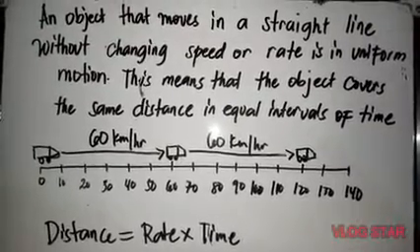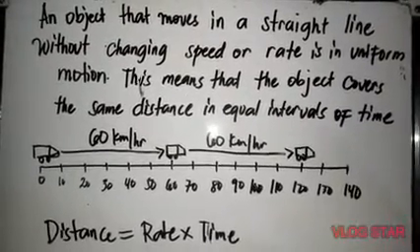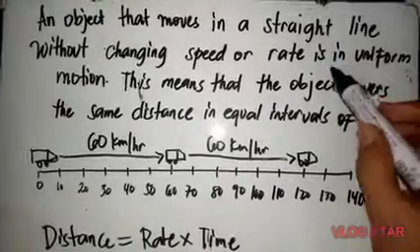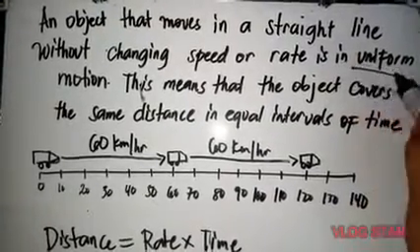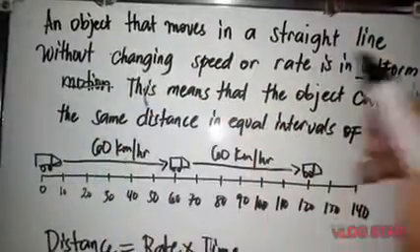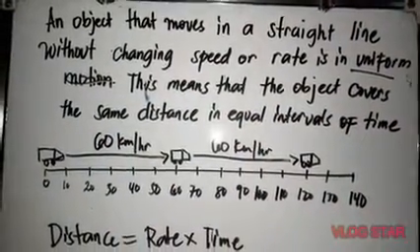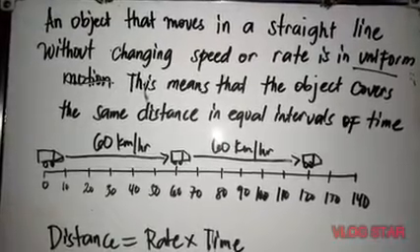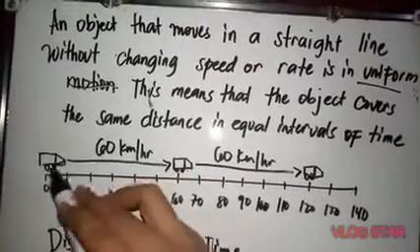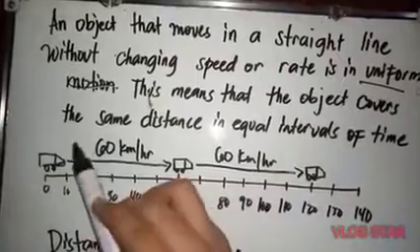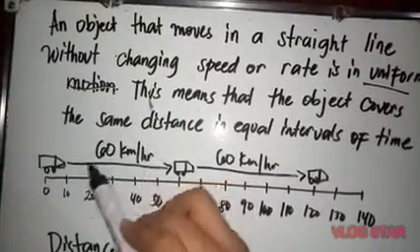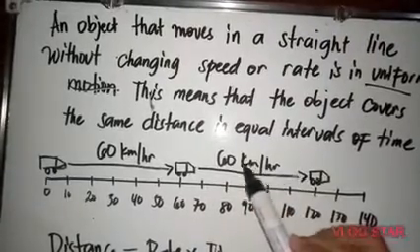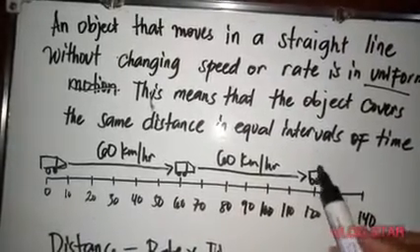An object that moves in a straight line without changing speed or rate is in uniform motion. So this means that the object covers the same distance in equal intervals of time. Just like in this figure, 60 kilometers per hour for the first hour, and for the next hour another 60 kilometers per hour.